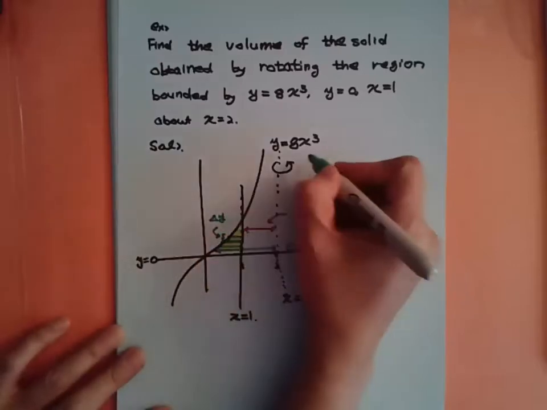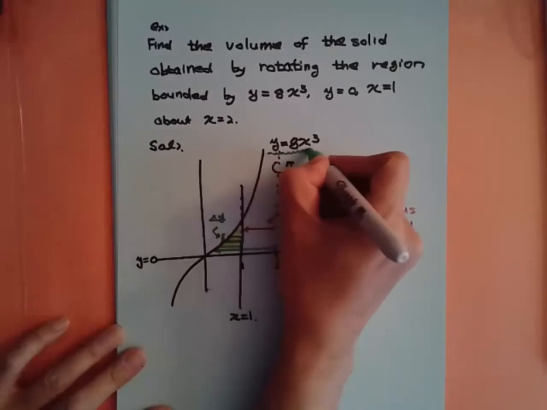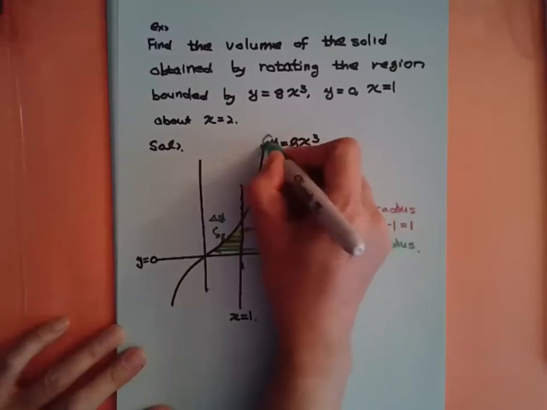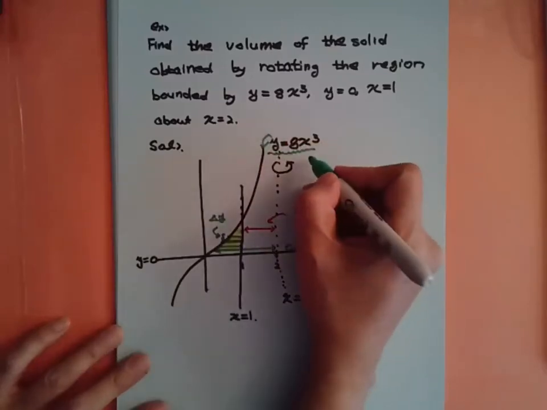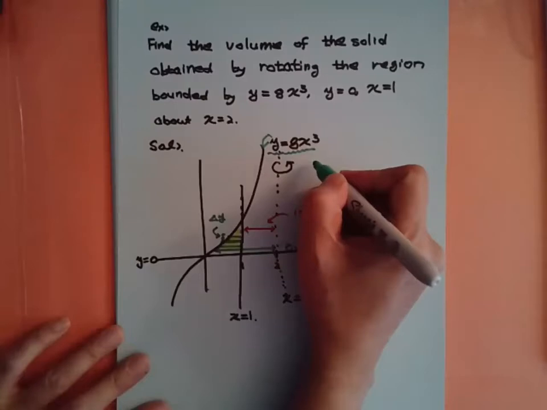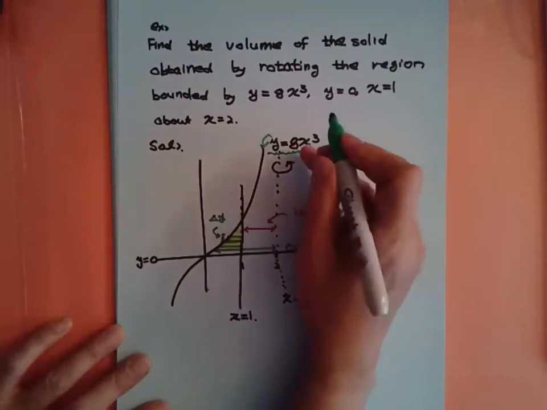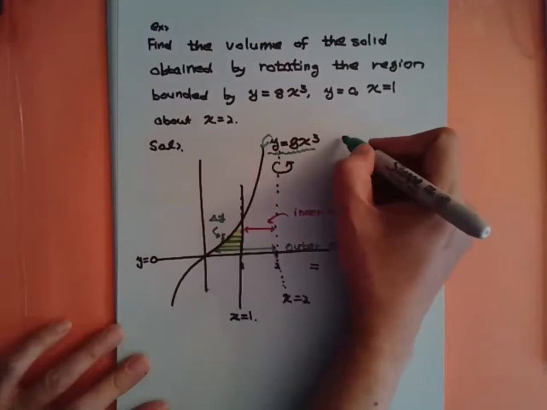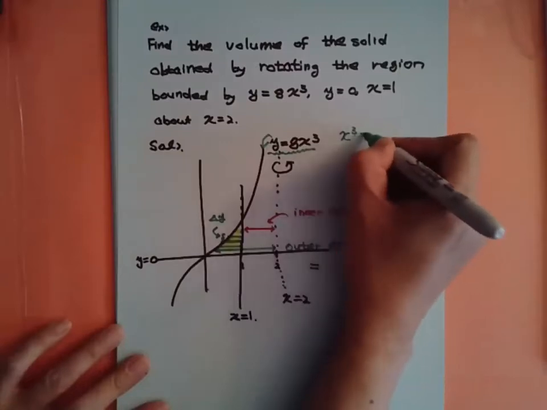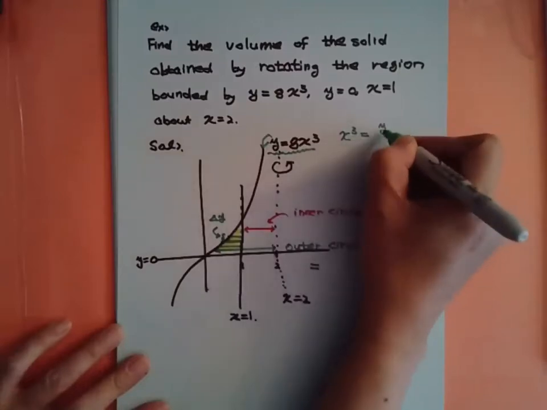So we have to convert this equation into a y-related equation. That means we will solve for x. We divide by 8 on both sides, then we get x cubed equals y over 8.